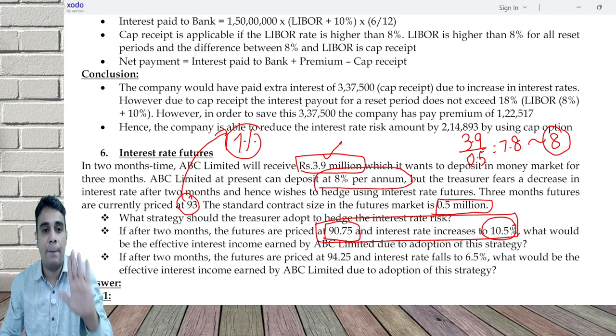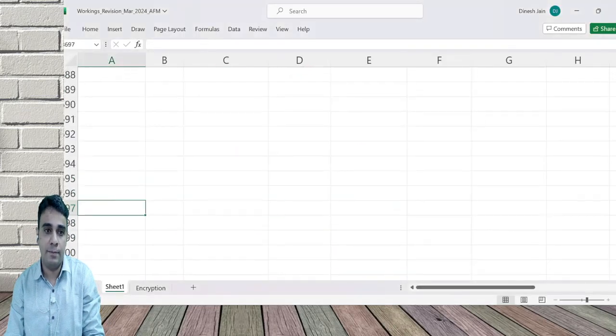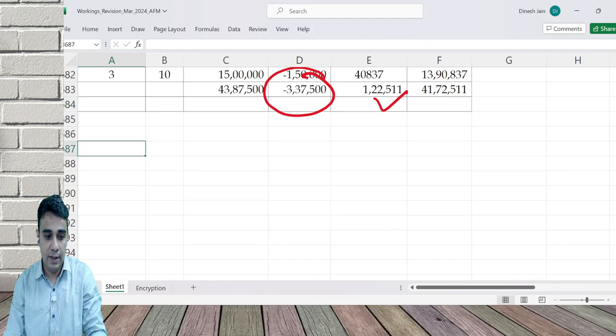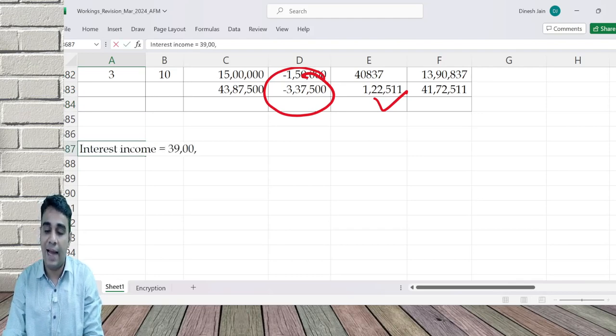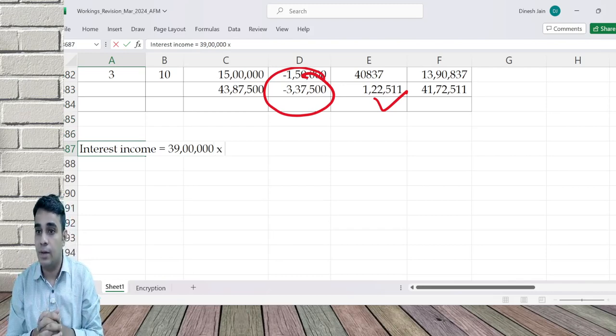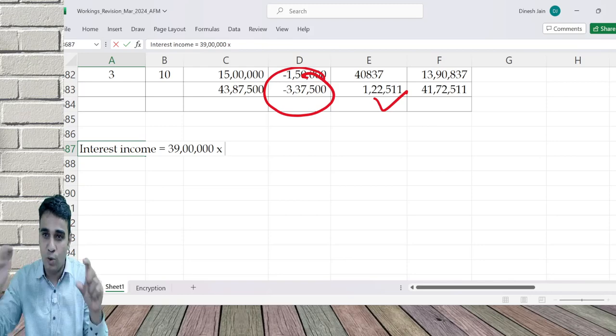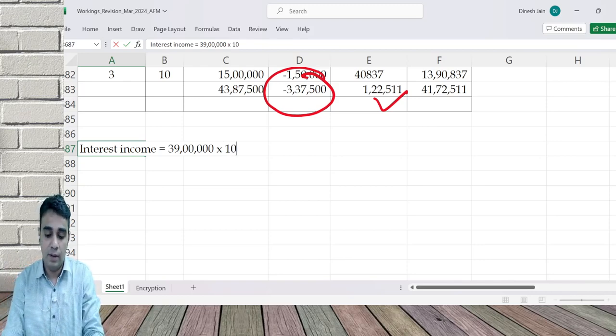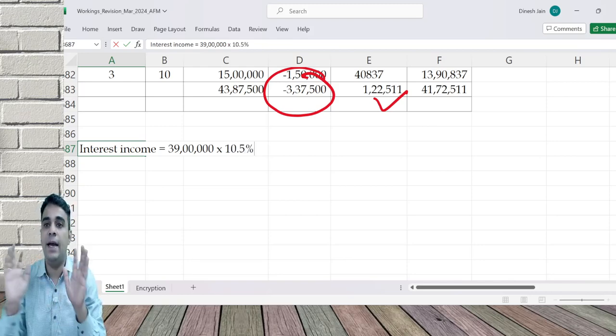Let's understand what happens in part 2 of the question. How much deposit did I want to create? 3.9 million. Interest income is equal to 39 lakh into the actual rate of interest. Not now, in part 2 of the question, you will get money only at 10.5%.